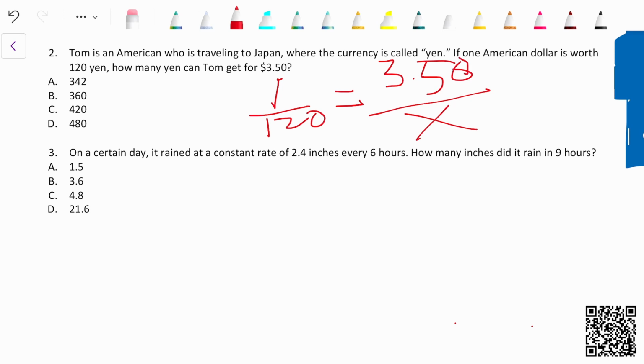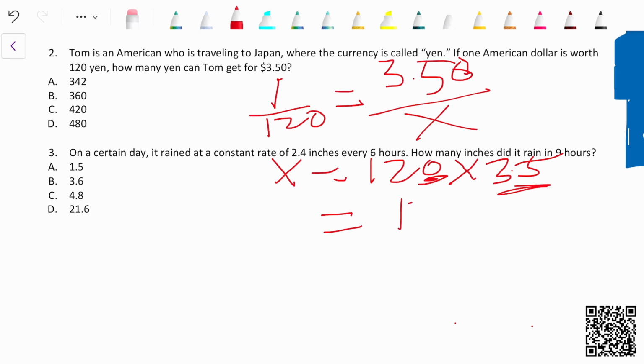And when we look at this like that, that would mean that x just equals 120 multiplied by 3.5. So this equation is pretty simple. And looking at that, you can make this easier for you by moving this 10 over to this side. So x would equal 12 multiplied by 35.